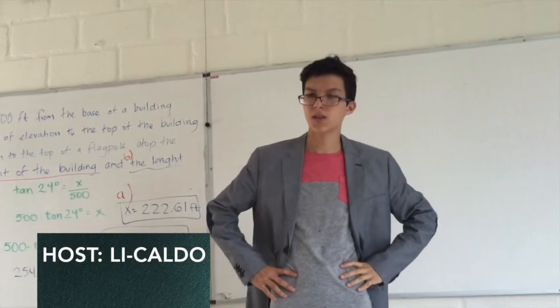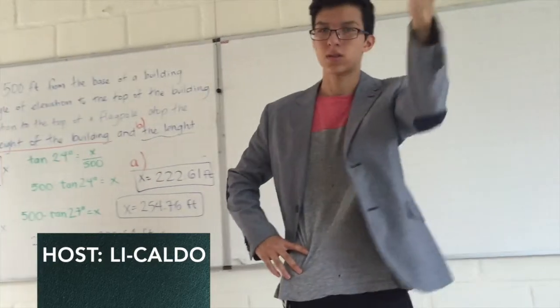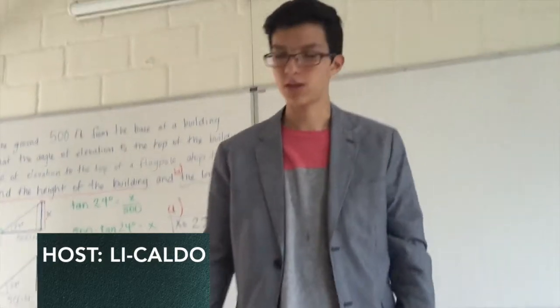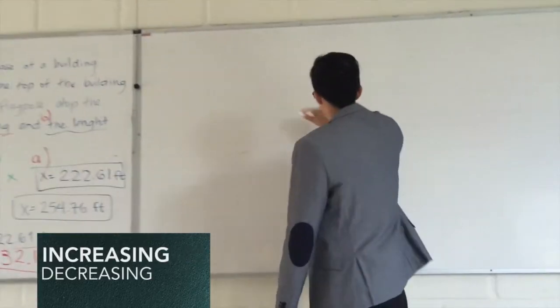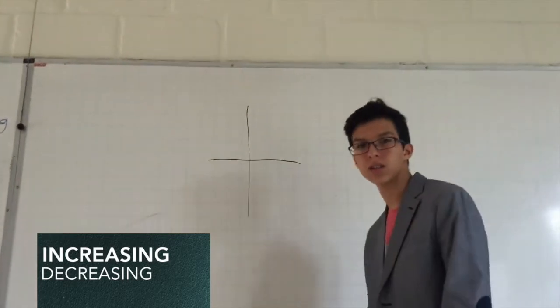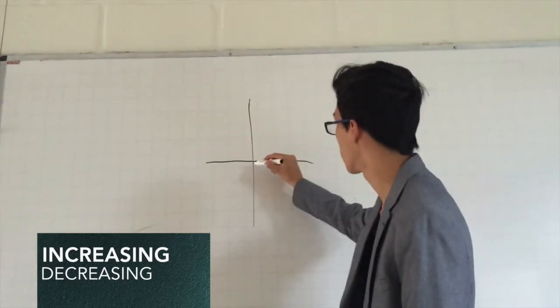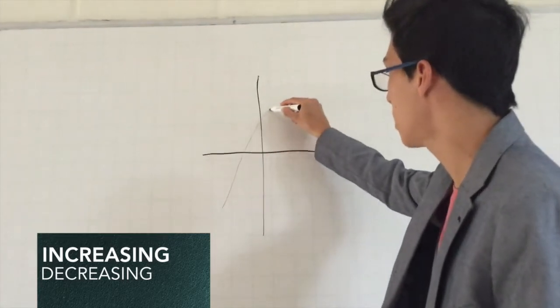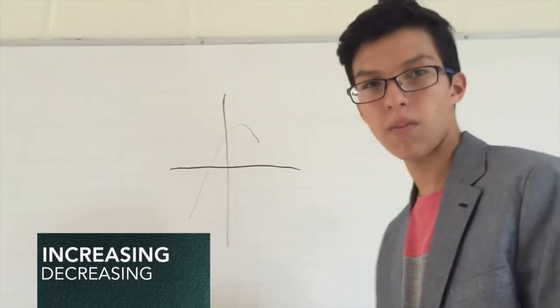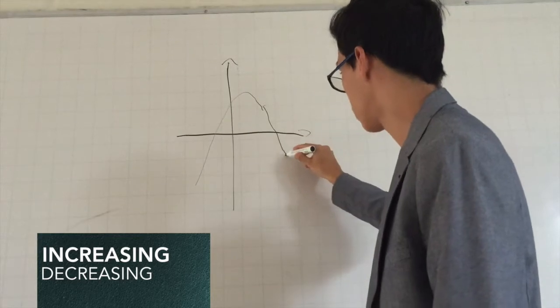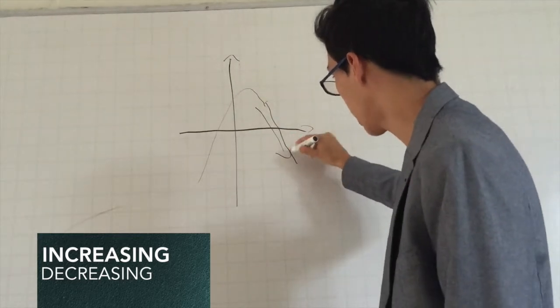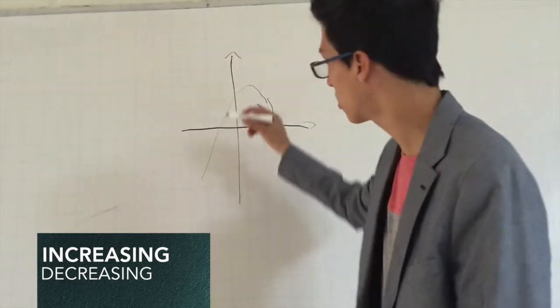So now let's give a little context. First, when does a graph increase or decrease? Well, it increases when the x values of a function in a certain interval are going up, and it is decreasing when the values in a function are going down. I like to see it as a roller coaster.